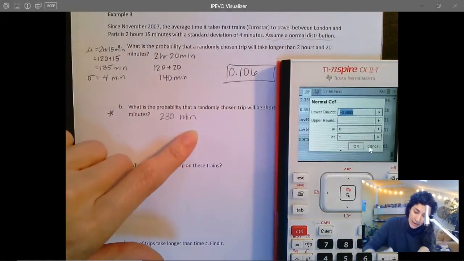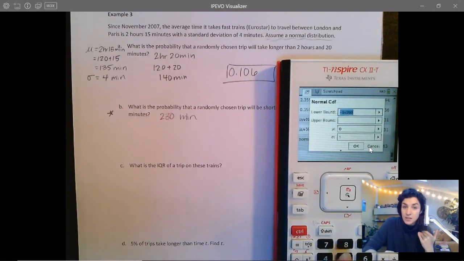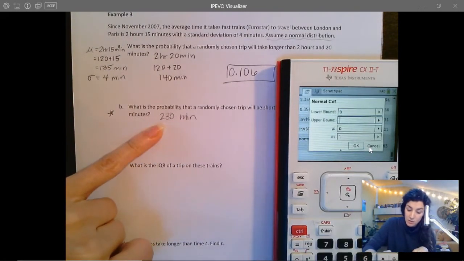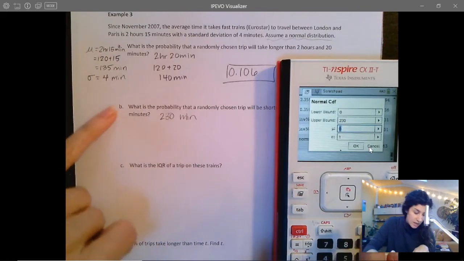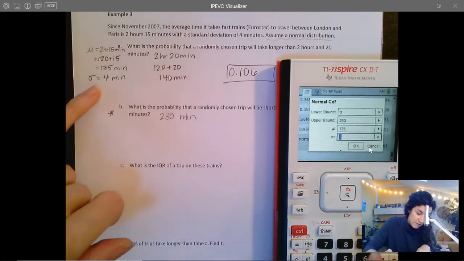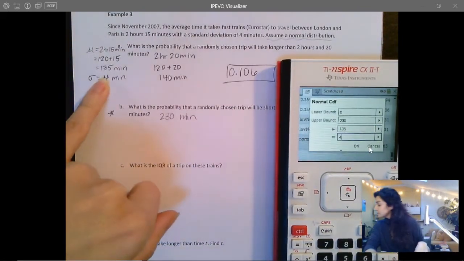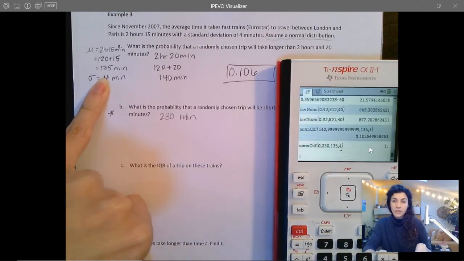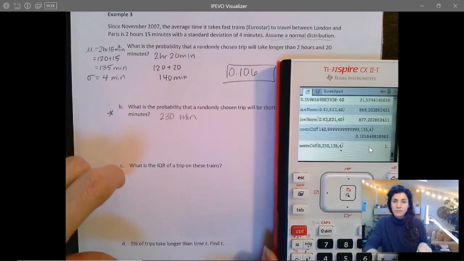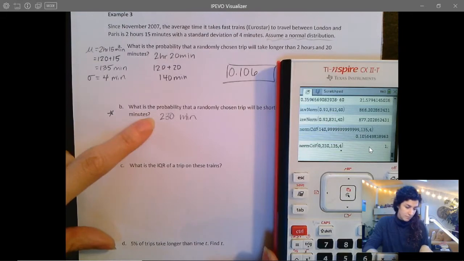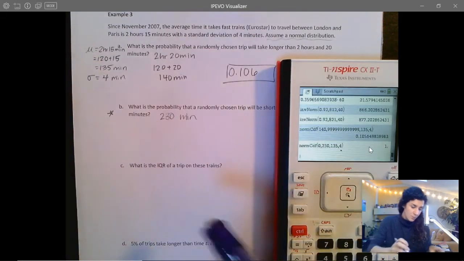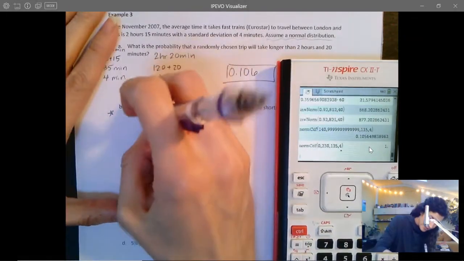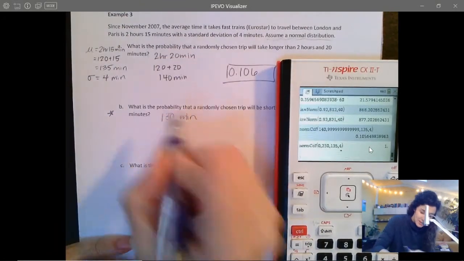So our lower bound, because we want to be less than 130, it's going to be between 0 and 130. Again, 135 and then 4.